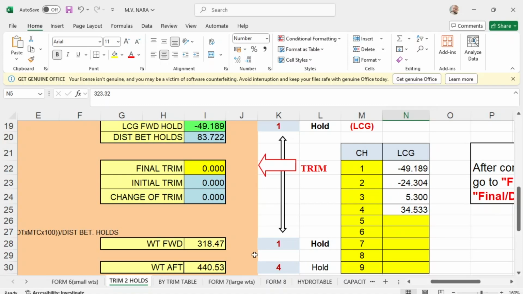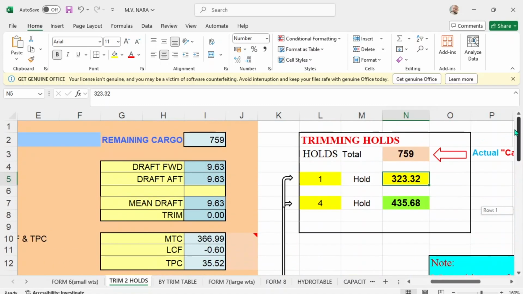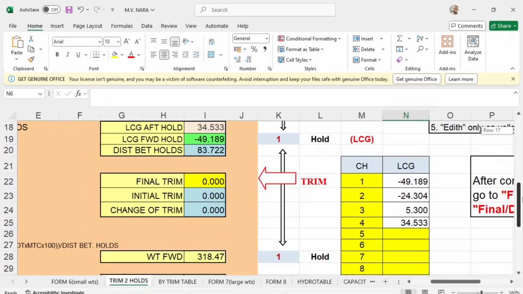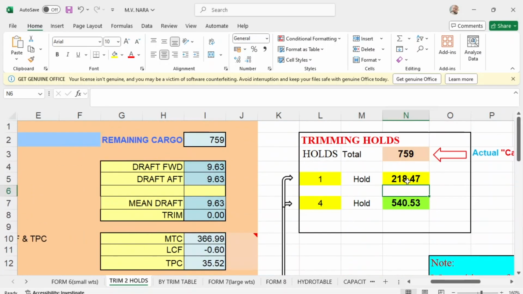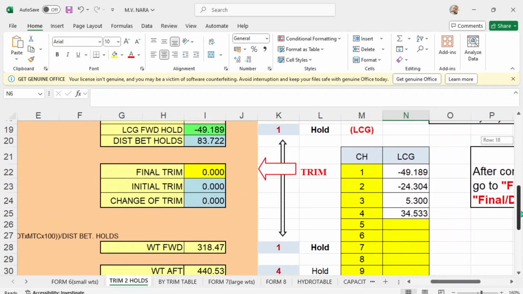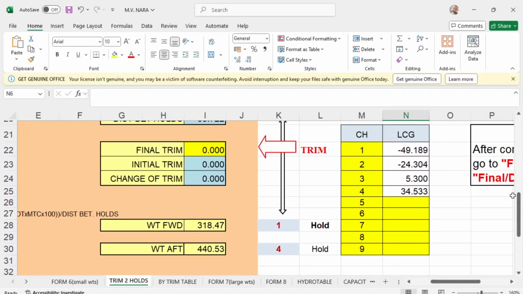Number 1 will be 318.47. Okay, so number 4 will be 440.53.